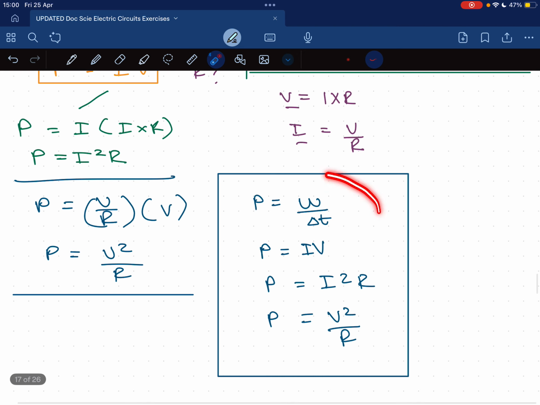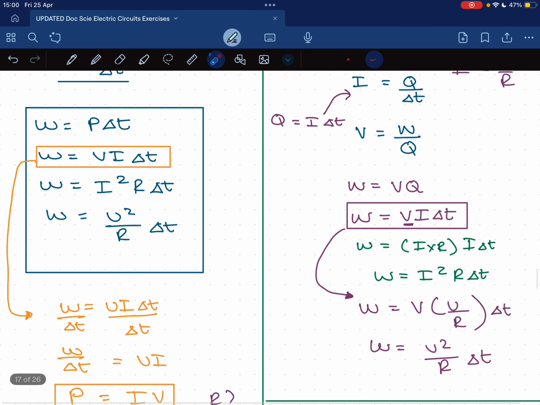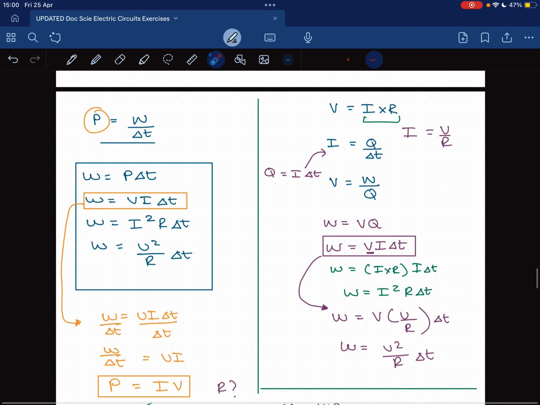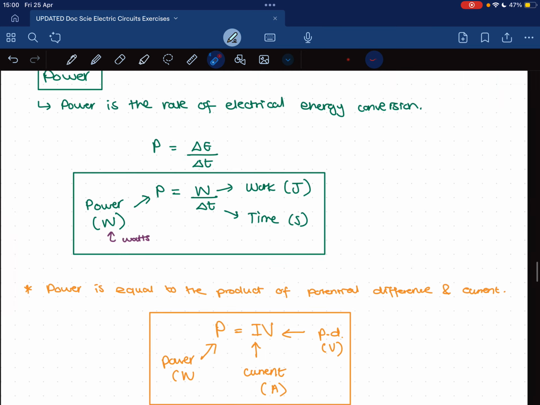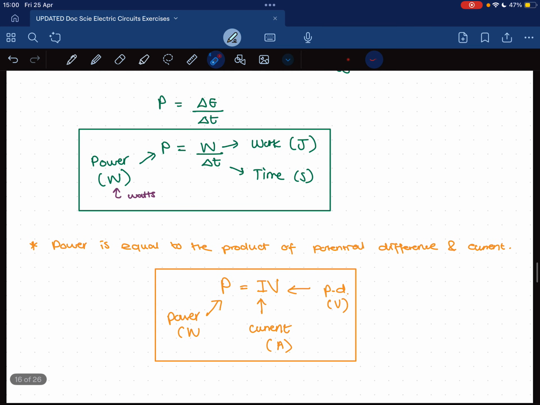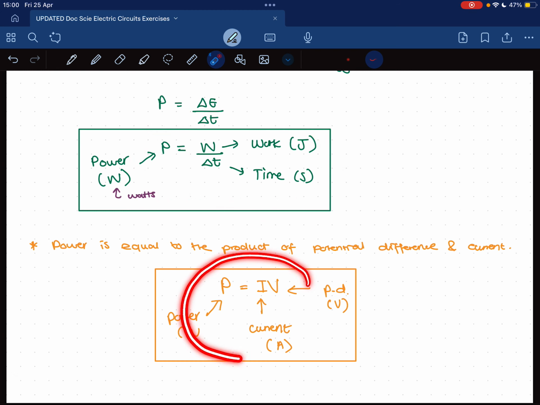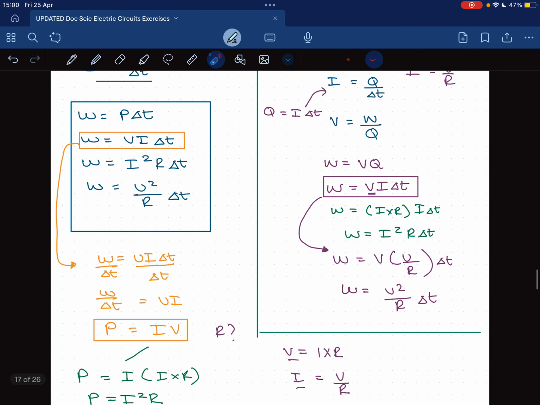So all of these equations, the 4 equations for power and the 4 equations for work, all come from using Ohm's law and just substituting it in. But the two most important formulas are P is equal to the rate of energy conversion, and that power is the product of current and potential difference.